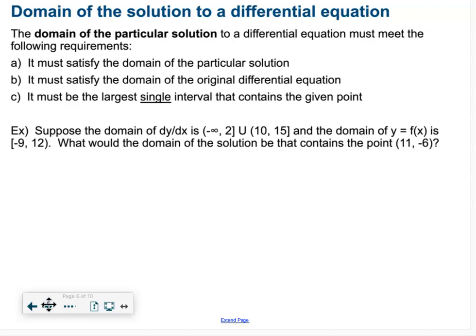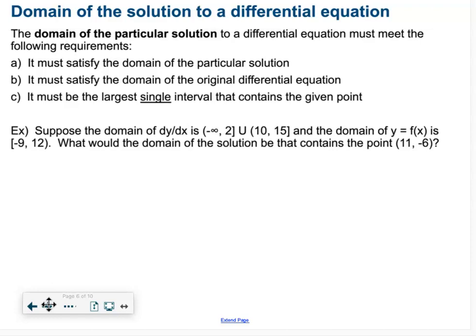So you kind of put the two domains together. It's really the intersection of the two domains. So that's what I did when I did this problem. I took my two domains, I found their intersection, I wrote that as my answer, and I didn't know that the domain of the solution to a differential equation can only be one interval.